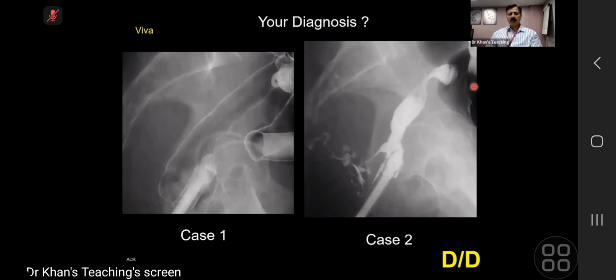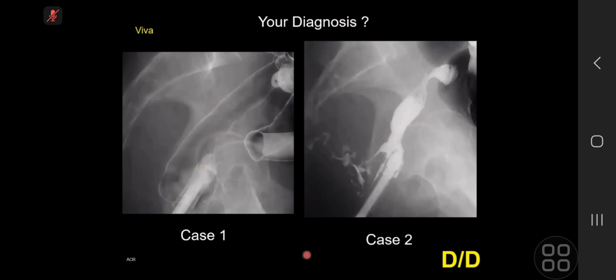So the Foley's is within the rectum. Now just try to describe this film for me. It's a single spot image, lateral view of the barium enema with the Foley's in situ.